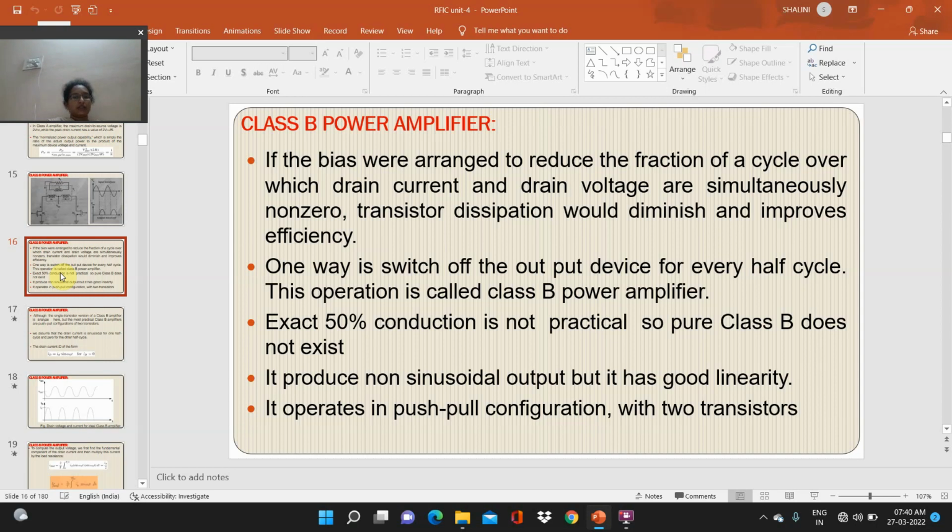This operation is called Class B power amplifier. Exact 50% conduction is not practical, so pure Class B does not exist. It produces non-sinusoidal output, but it has good linearity. It is produced in push-pull configuration with two transistors.